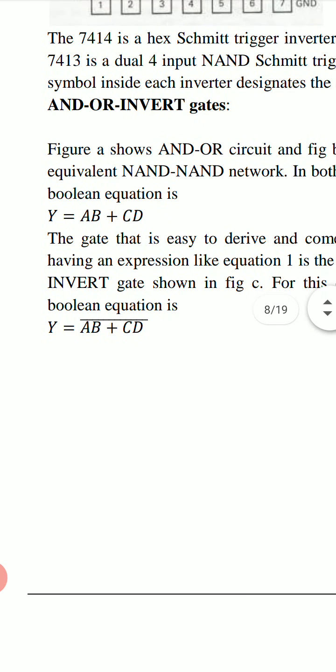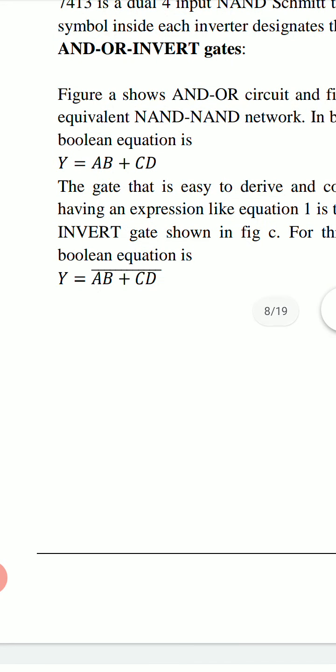So this is an AND OR circuit. AB and CD are outputs from two AND gates, and the OR operation of these two will produce output Y equal to AB plus CD.